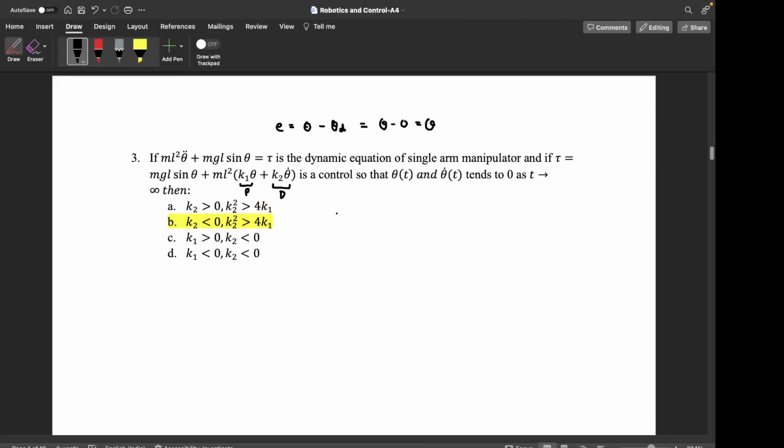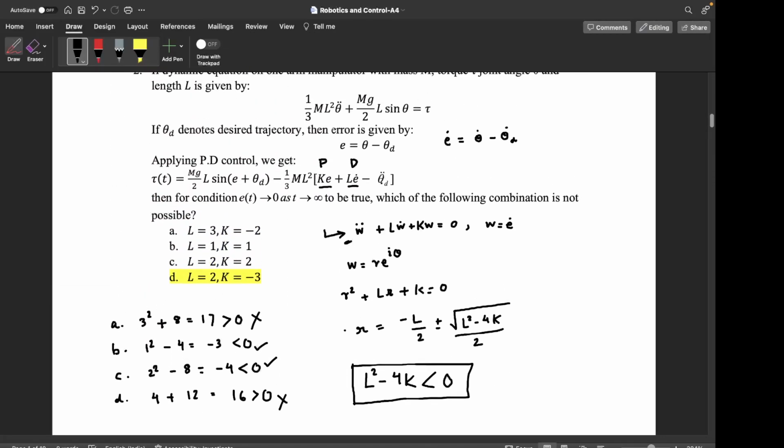And let's again write that differential equation, w double dot plus, so here you can see that it was ke and le dot.